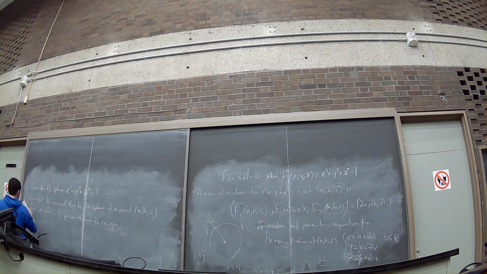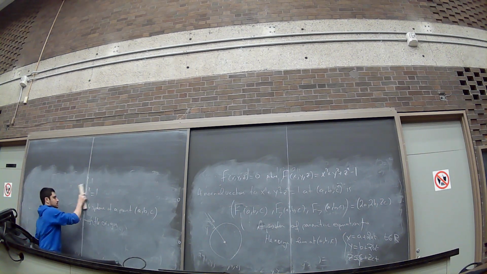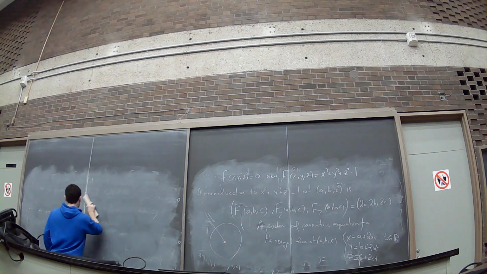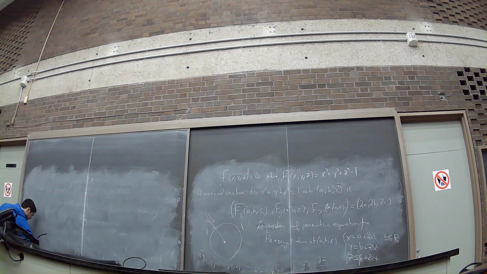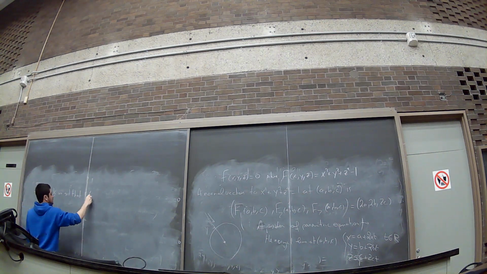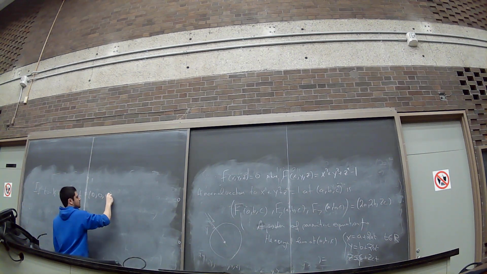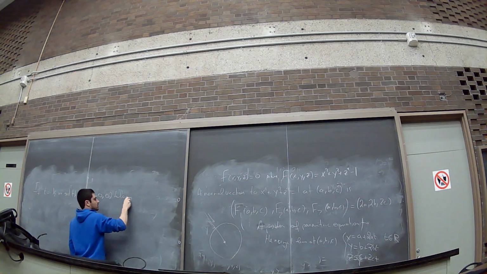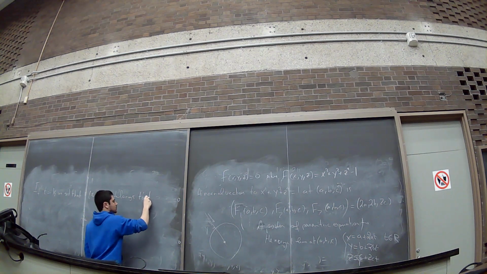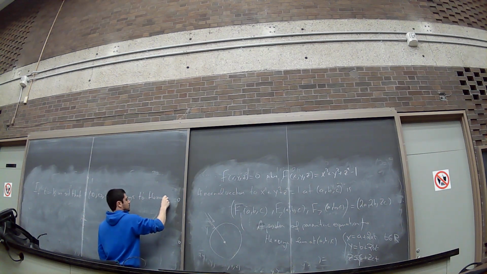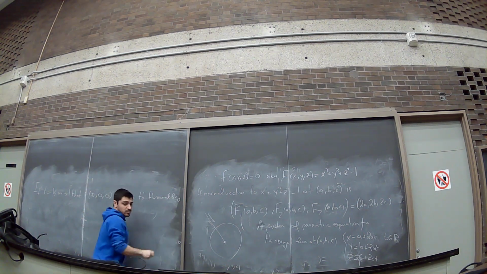So if t is equal to minus 1/2, we get that (0, 0, 0) belongs to the normal.